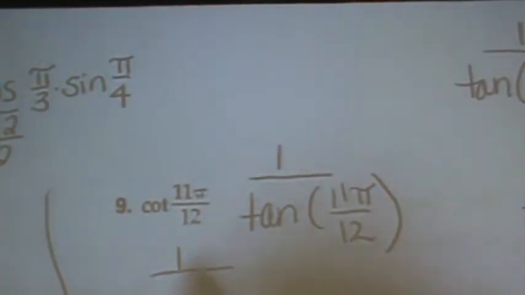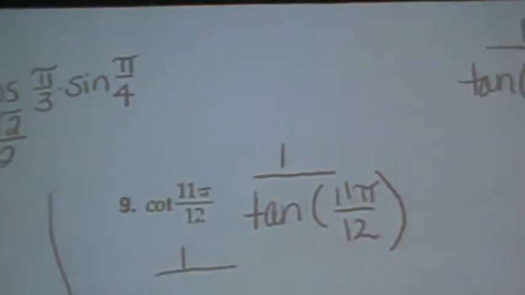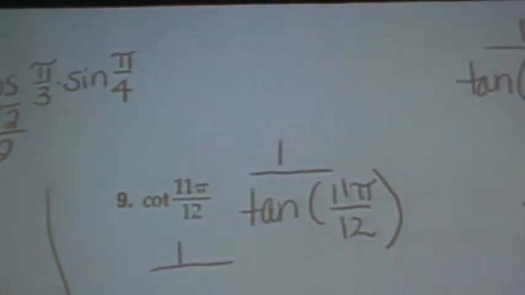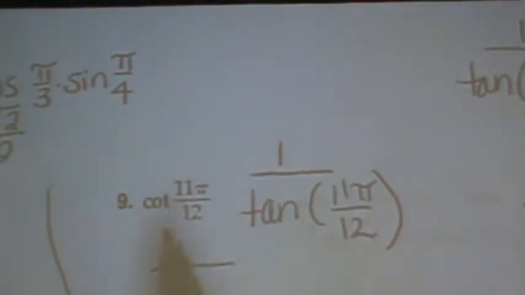So what two angles add up to be 11 pi over 12? Now this one's a little different. What I would do for this one, you're going to have to use 2 pi over 3 and pi over 4 to get 11 pi over 12, because 11 pi over 12 is close to pi.